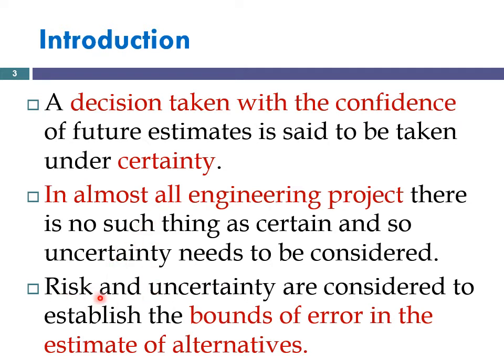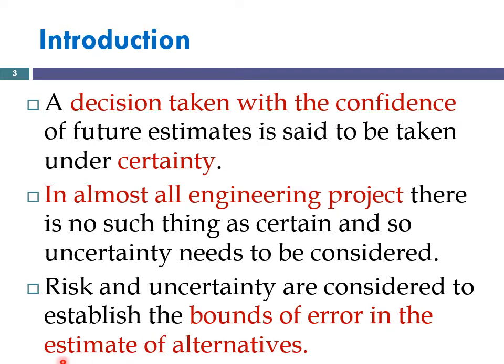So the risk and uncertainty are considered to establish the bounds of error, okay, in the estimate of alternatives. So in order to make your decision now, we need to estimate the future values, the revenues, the costs, the demand, many things.